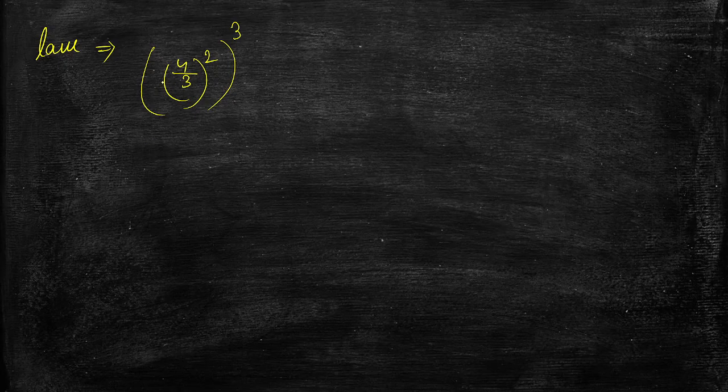This is called the whole bracket. So 4 by 3, now these powers will get multiplied. That's it, 2 into 3. So now it is 4 by 3 to the power 6.